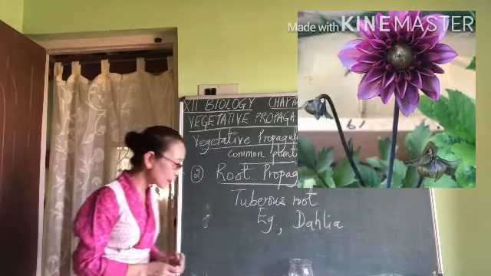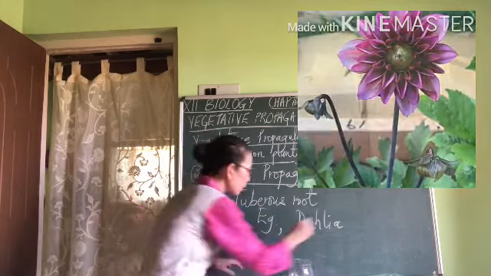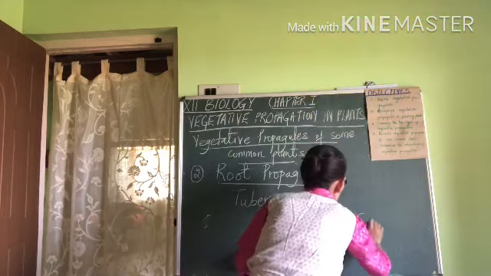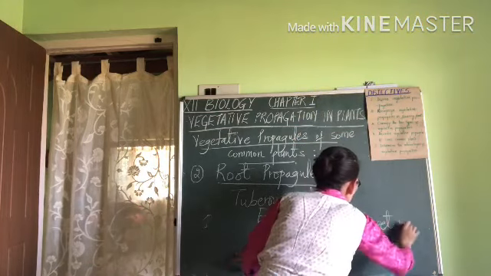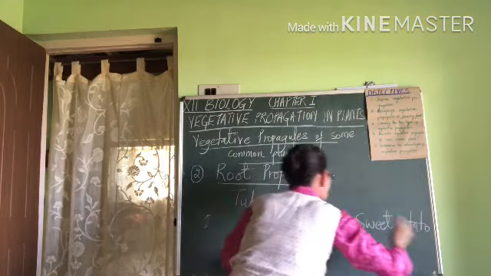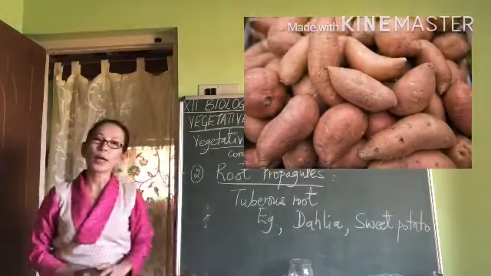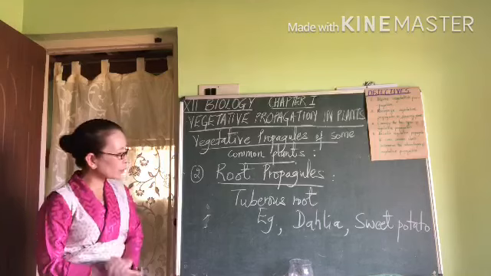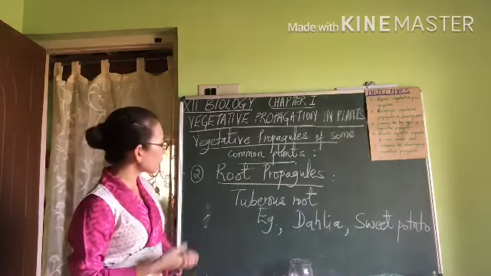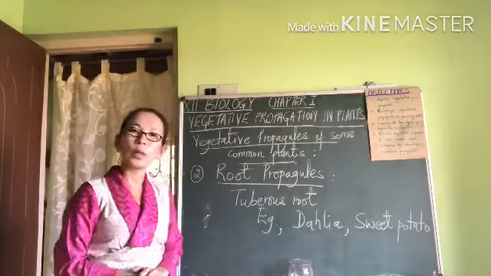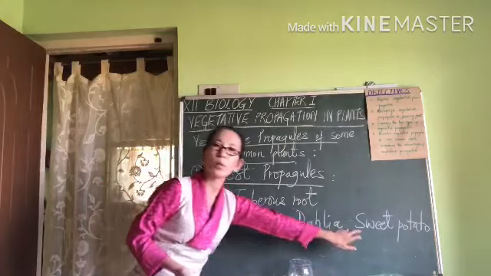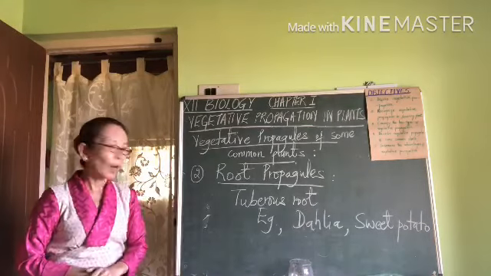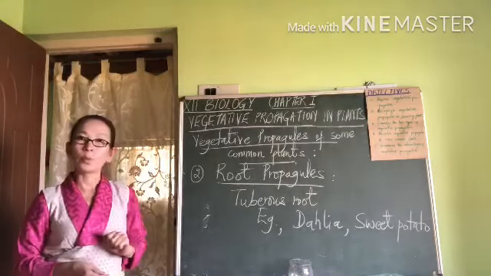Okay, this is commonly seen in dahlia, or yes, we can also take sweet potato as an example for tuberous root. So tuberous roots are very effective structures which can help in vegetative propagation of dahlia as well as sweet potato.